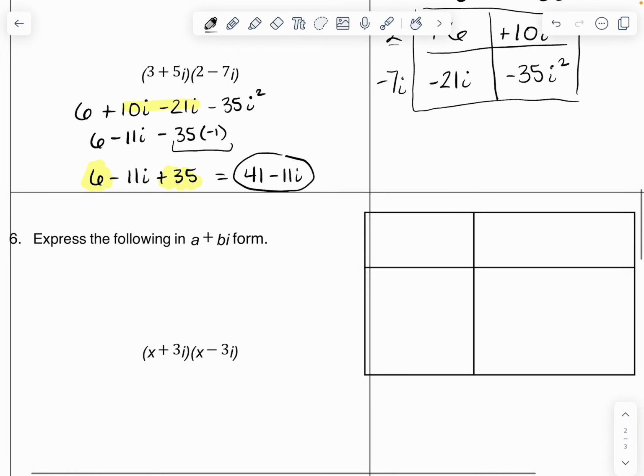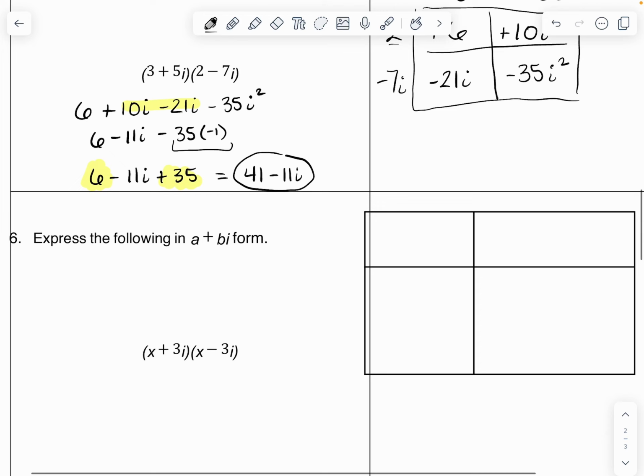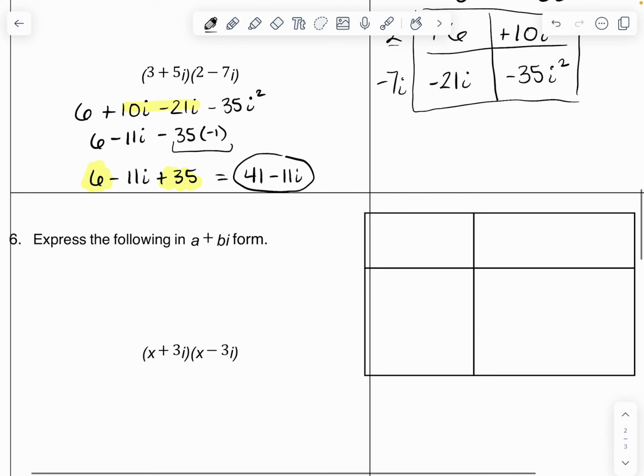Okay, on number 6, doing the same thing, but now we have x's in there. So we have x plus 3i and x minus 3i. Filling out our chart the same way, just now we don't have numbers in those first two spots. It is an x.